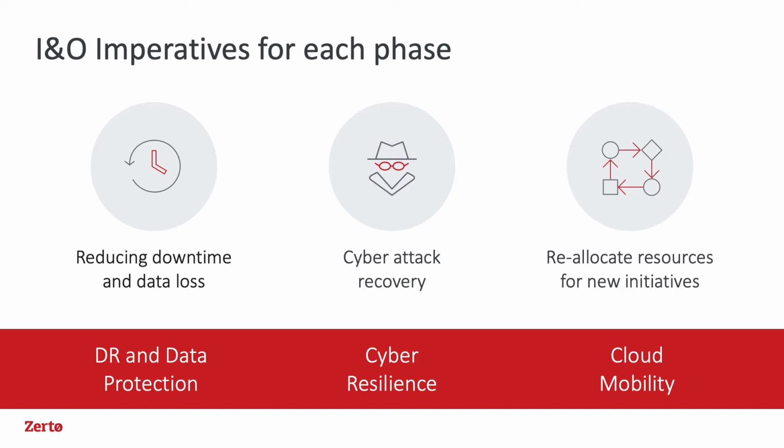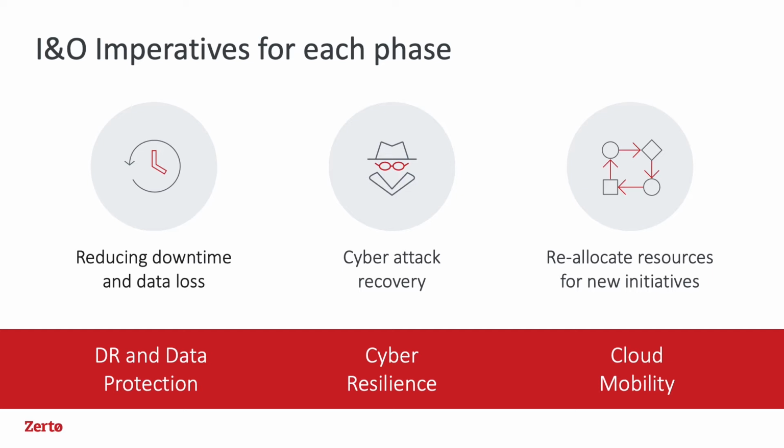Second is being able to successfully recover from a cyber attack, and having an organization that's able to mitigate this risk, an organization that is cyber resilient. And third, IT organizations need to be able to reallocate resources for new initiatives, new business models, new digital deliveries. That requires cloud mobility, being able to scale your infrastructure and even move DevOps to the cloud as well.